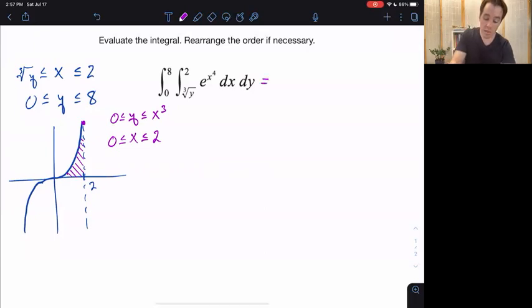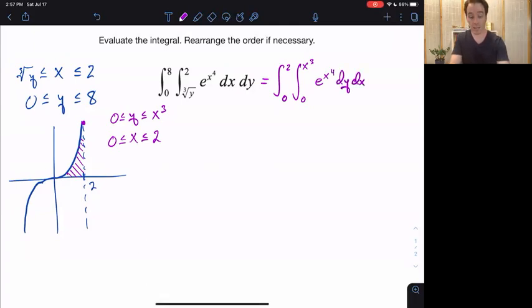So this is going to be equal to the integral along x on the outside from 0 to 2, and then the integral along y from 0 to x cubed, and same function, e to the x to the fourth. Now we're doing y first and then x.